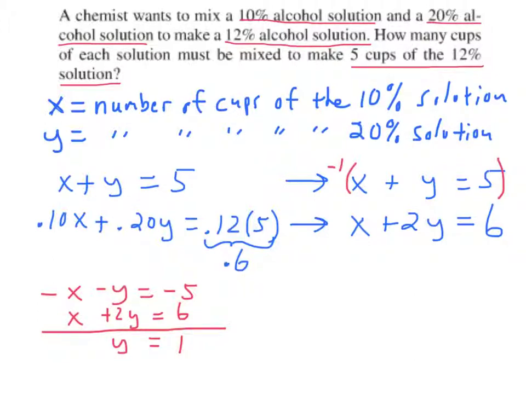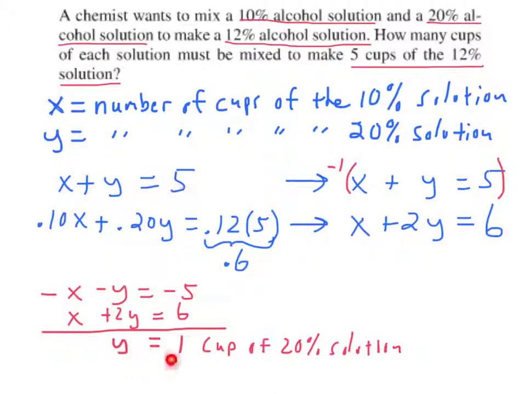So that means, since y is 1, and remember we let y be the number of cups of the 20% solution, that means we need 1 cup of the 20% solution. Now also remember, x plus y has to equal 5.